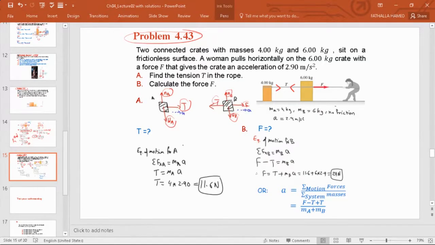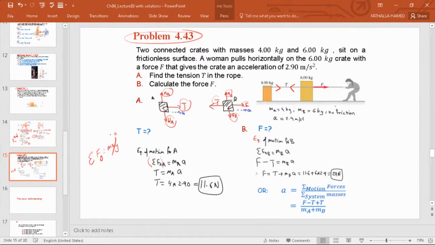Now, if I look at the equation of motion, the net force on A should equal M A a x, but since it's a system, it will be the same acceleration. And you can look at the Y component and say it's equal to M A a y, but there is no motion along the Y, so it's equal to 0.